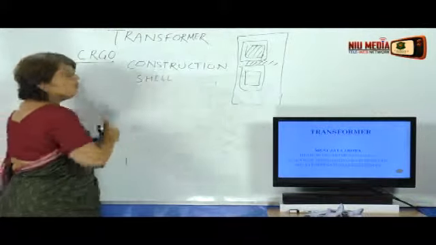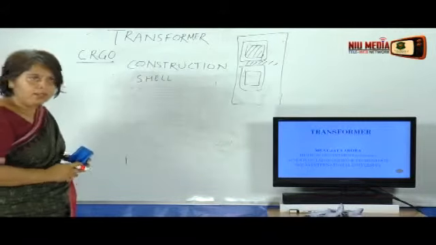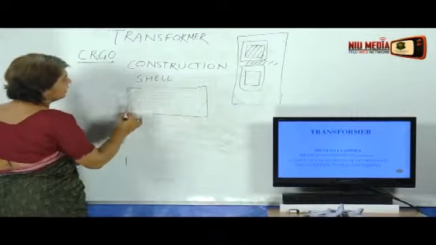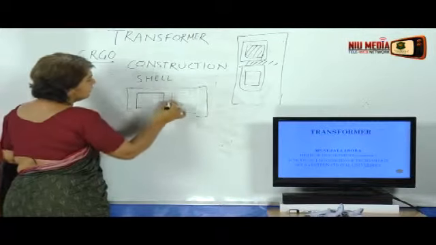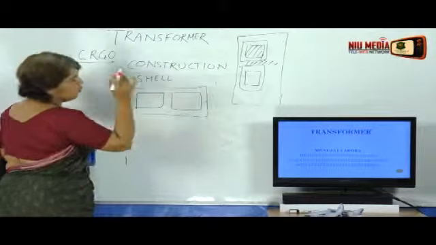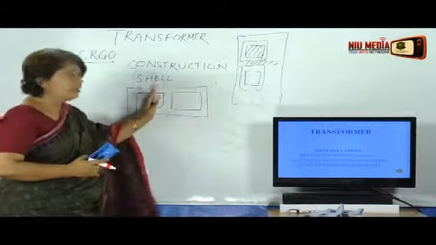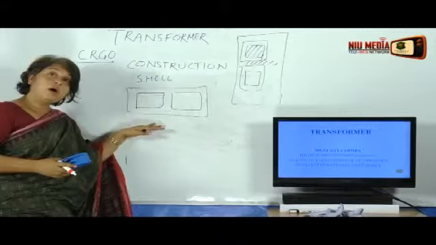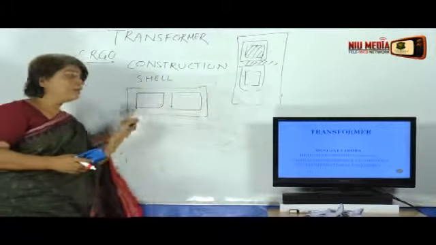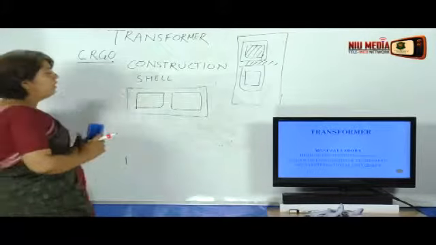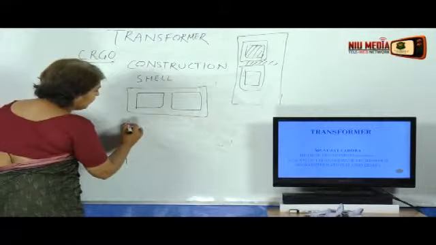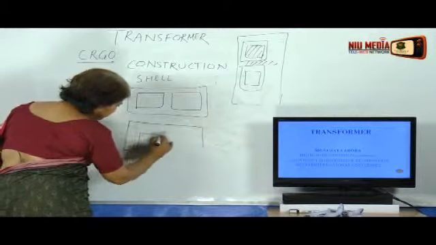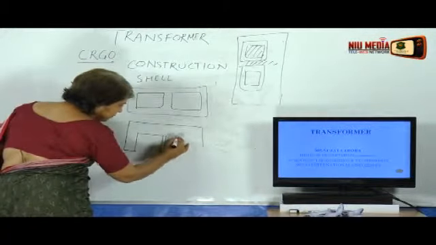Now, the shell type of core is very similar to that, the only difference is that it has two windows. It does not have a single window, but it has two windows in it. So, how can these laminations be formed? In this shell type of transformer core, the strips are like this.